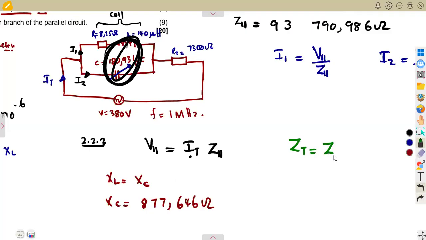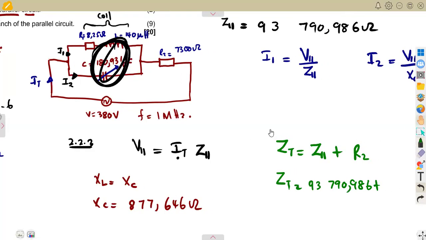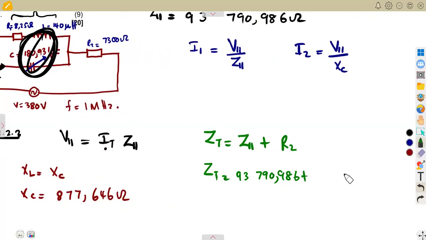So the total impedance is the sum of the impedance of the parallel connected to series resistance R2. That means 790,986 plus R2, which was 7,300. Guys, these are bigger values.